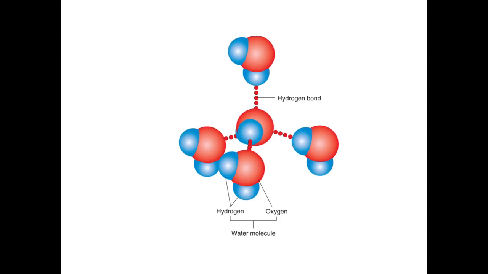Here is a picture of a water molecule. A water molecule we said is covalent, and it is. The bonds between the two hydrogens and the oxygen are covalent bonds. But we know that water isn't just one molecule of water.